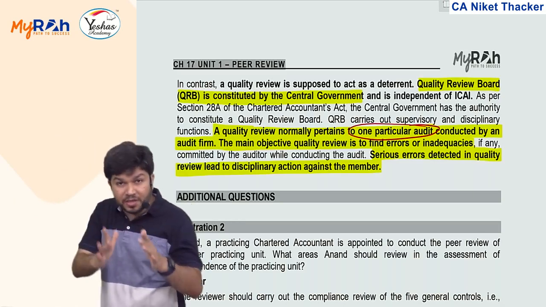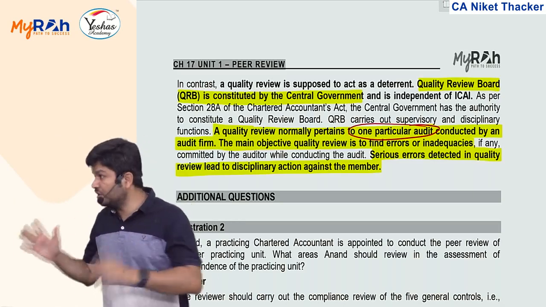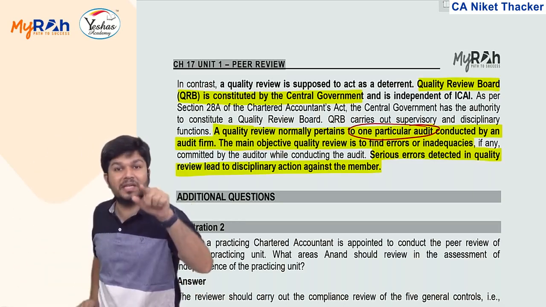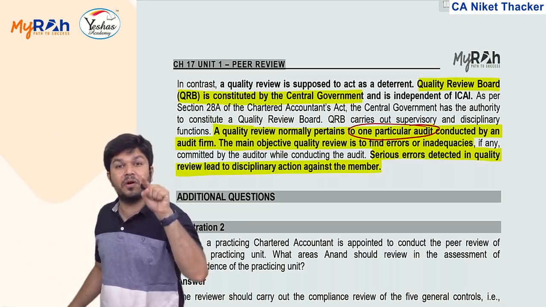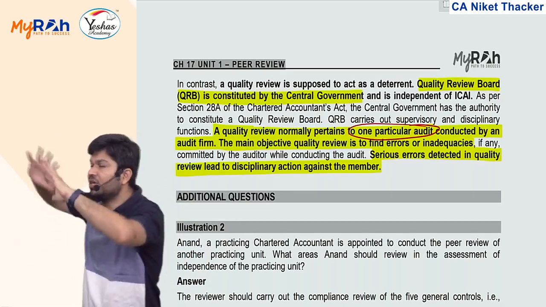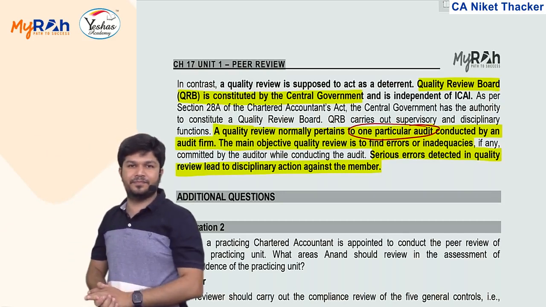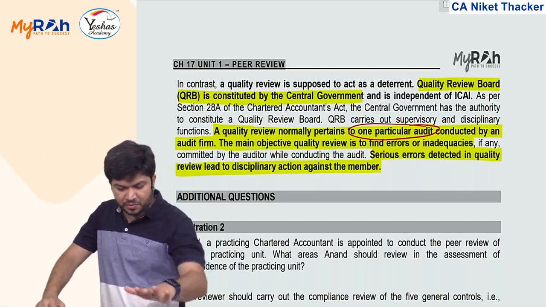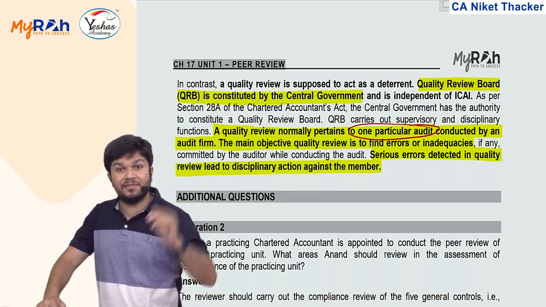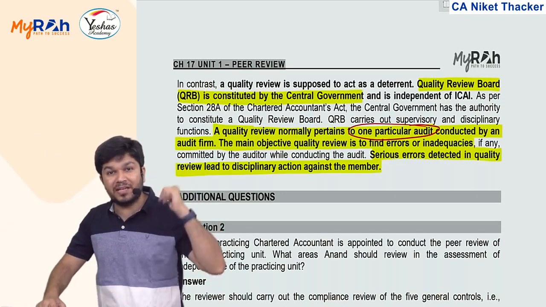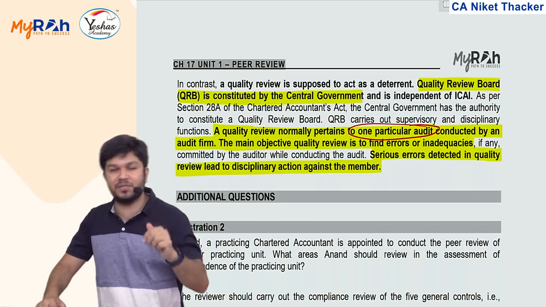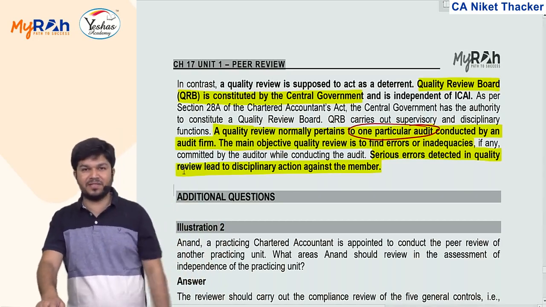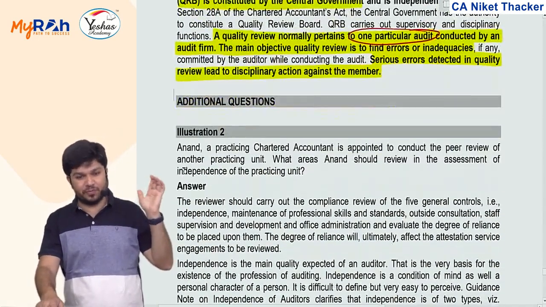That audit's quality review happens, and if we find you did not do the audit properly, we will take actions against you. It's only for a particular audit, not general for the firm. Okay, this you will understand better after your part 2 quality review is done. So this difference you'll understand better once quality review is over.